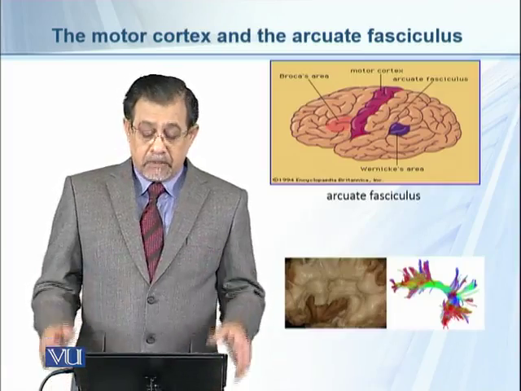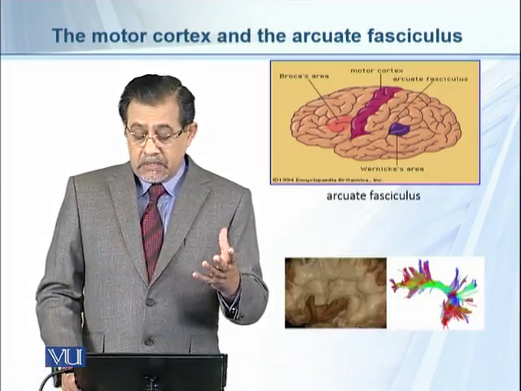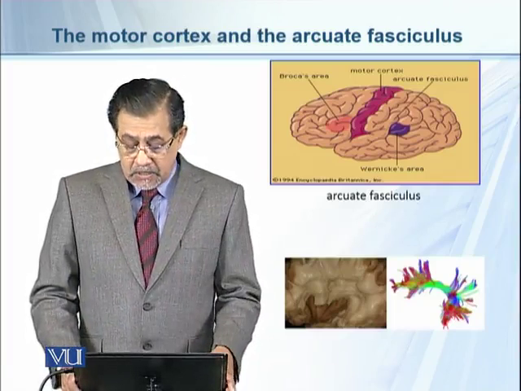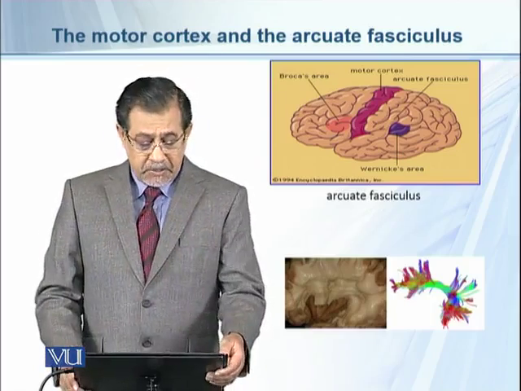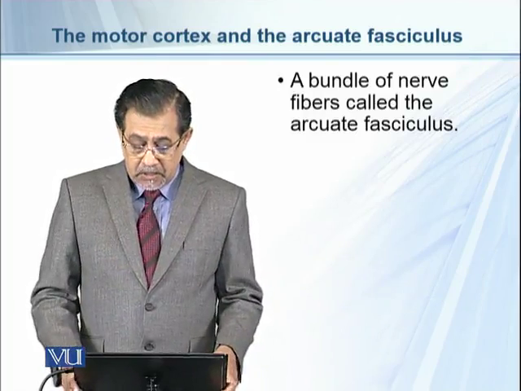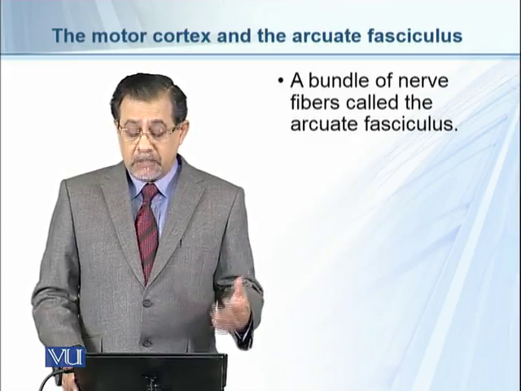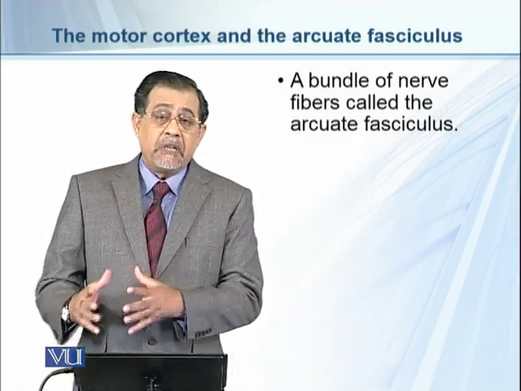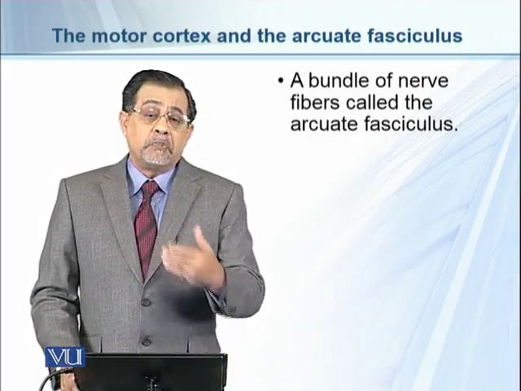Another part of the brain is the arcuate fasciculus. It's a bundle of nerve fibers called the arcuate fasciculus. These are very important for the production of speech.